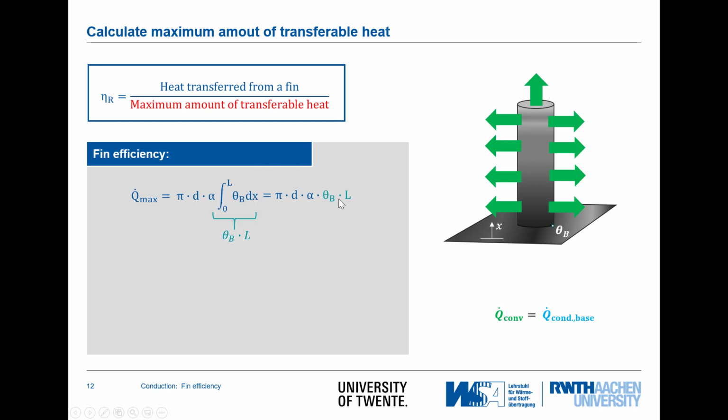Pi d L is equal to the circumferential area of the whole pin fin, and then we have the heat transfer coefficient and the temperature difference between the pin fin and the environment.